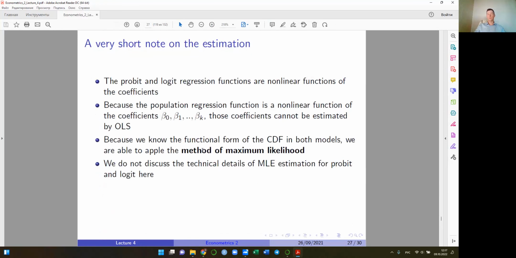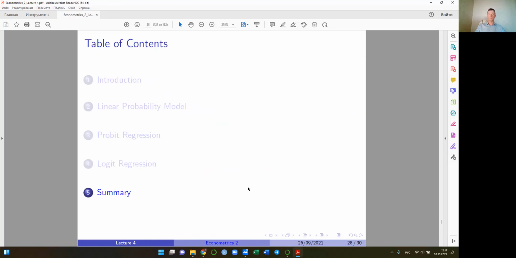So the method of maximum likelihood is applied to find such values of estimators beta 0, beta 1, beta 2, and so on that maximize the likelihood of observing this exact collected data set. Technical details are not discussed here, just for you to understand that the estimation procedure is different. And those who are interested can look at appendix 11.2 from the Stock and Watson book.